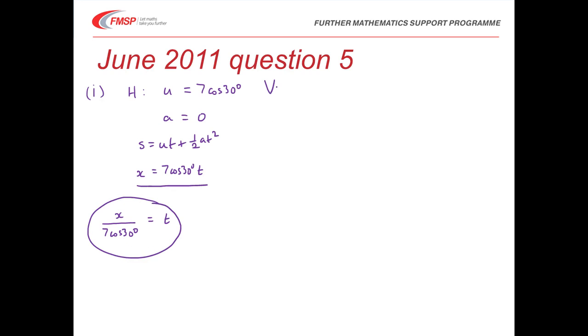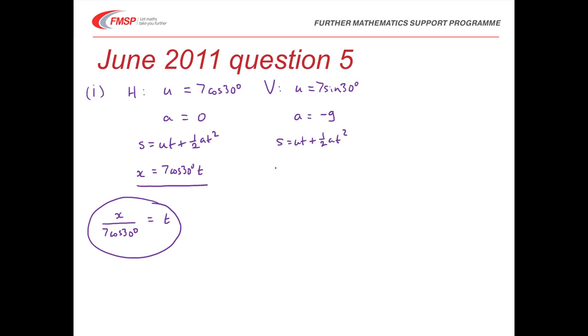Now let's see what's happening vertically. The initial speed vertically is 7 sine 30 degrees. And the acceleration is, well, this time I'm going to leave it as minus g. And again, using s equals ut plus a half at squared, what do I get?